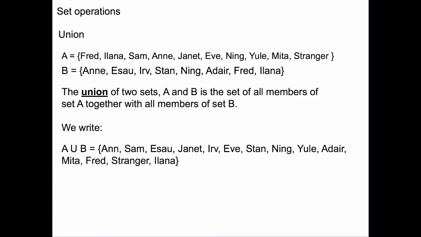So to make it more formal, the union operation takes two sets, and I've listed here set A and set B, and we say that the union of those two sets, A and B, is the set of all members of set A together with all members of set B. And to indicate that we want to make a union of these two sets, we write A union, with this U symbol, B, and then we list all of the members of the union of those two sets. We can list the members in any order, as you may already know.